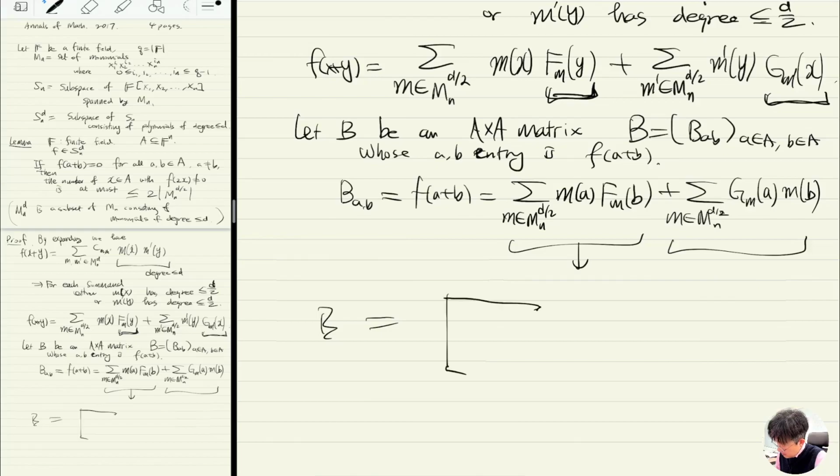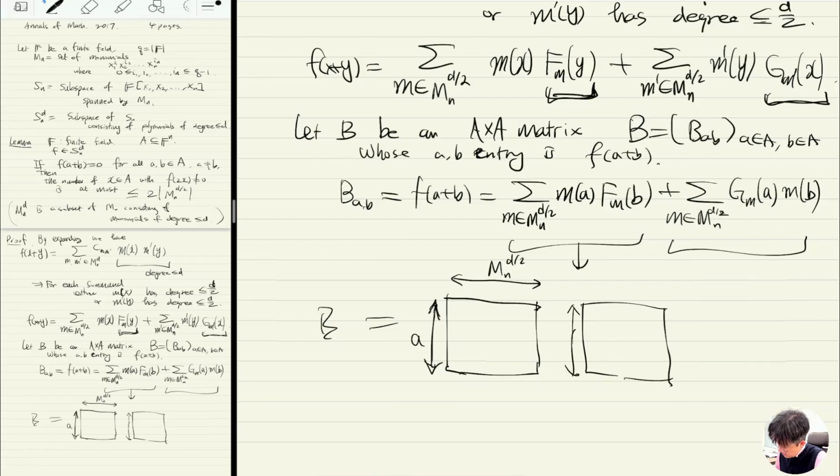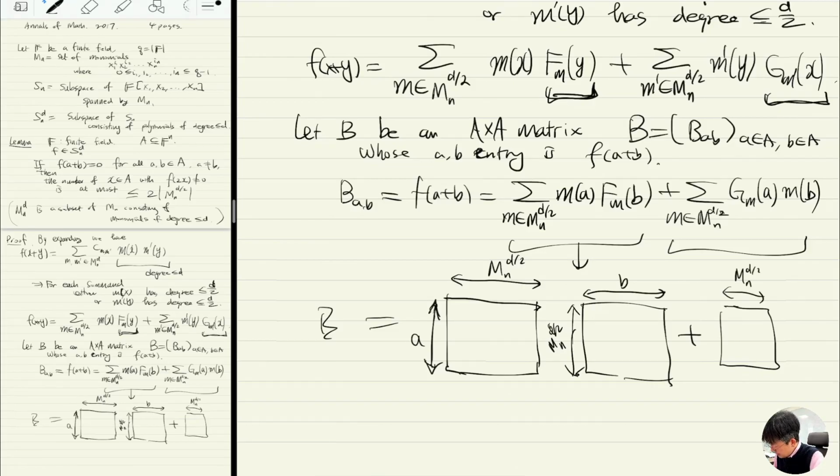How do we obtain this? Well, you have a matrix whose columns are indexed by these monomials of degree at most d over 2, and the rows are indexed by A. Then we take the product with another matrix whose rows are indexed by M_{d/2} and columns are indexed by B. That's the first entry, and the second entry is similar but transposed: indexed by m in M_{d/2} and a, and by m in M_{d/2} and b.